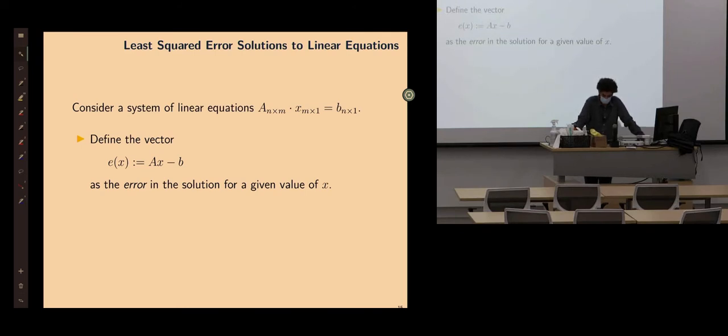All right, so consider our good old linear system A times x equals b. A is n by m, x is m by 1, b is n by 1, same as before. A is a rectangular matrix. Now, we know that if b is not a linear combination of the columns of A, there is no solution.